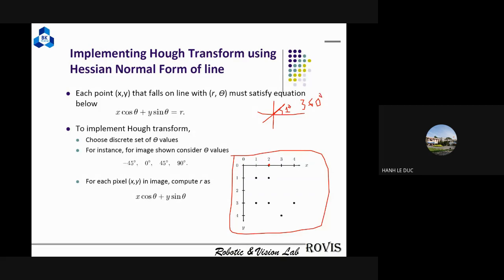But if you do it manually like this, it will take a lot of time.